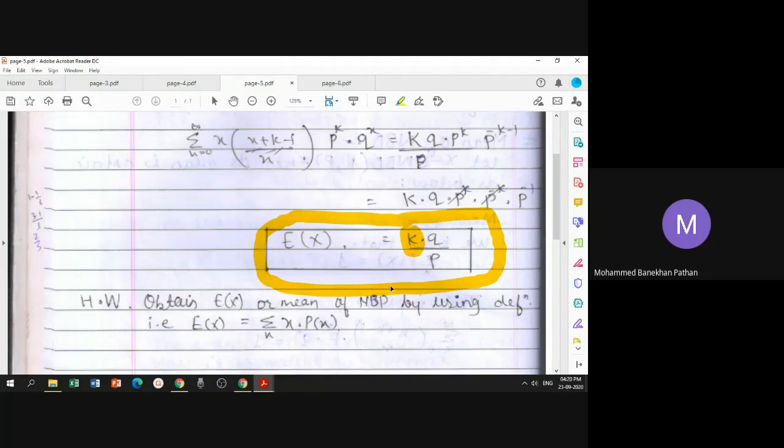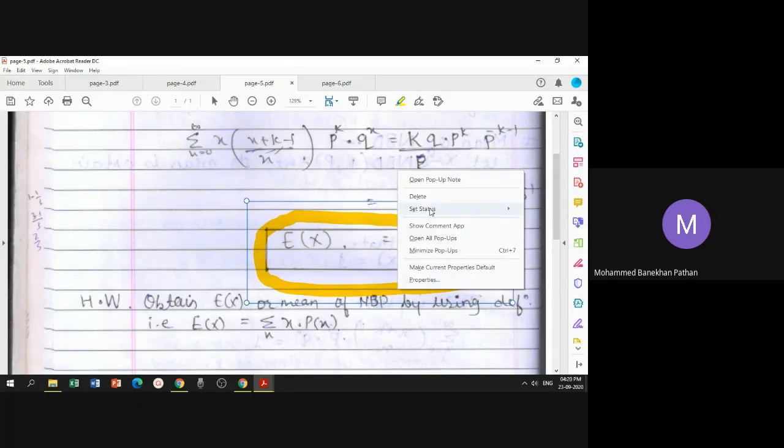So what is your homework? Your homework is to prove E of X by the definition summation X into p of x, and simplify this definition. You should reach the answer kq by p. Is that okay?